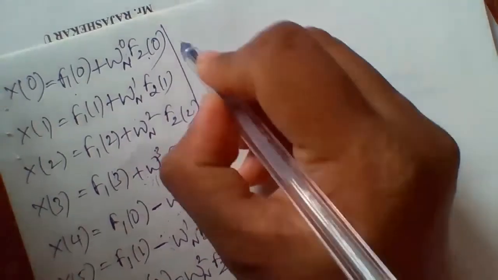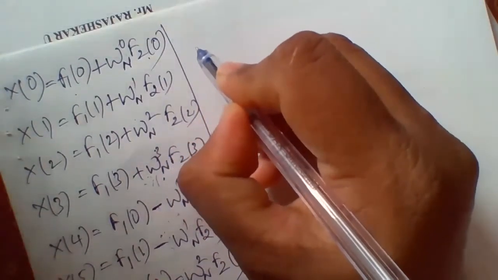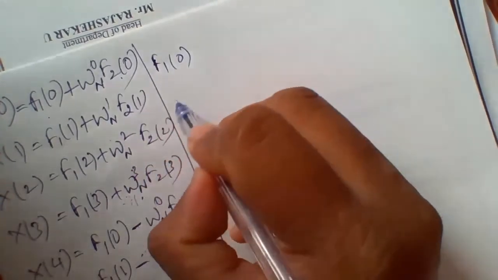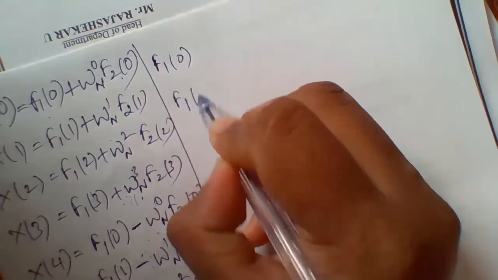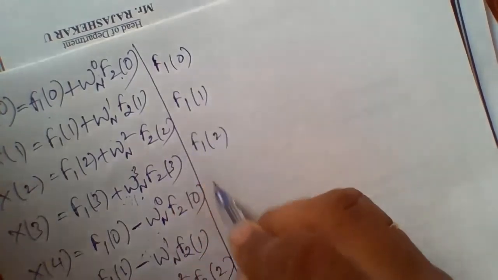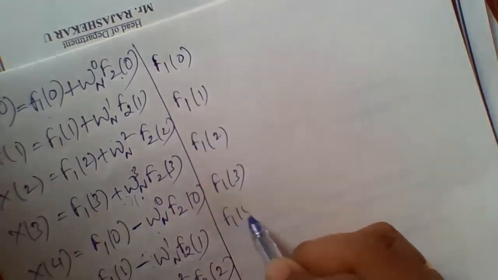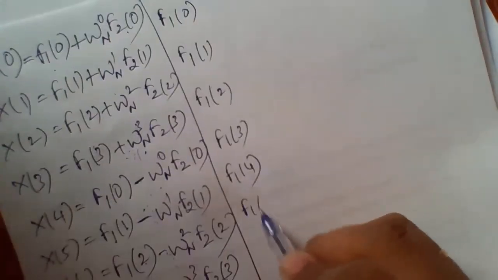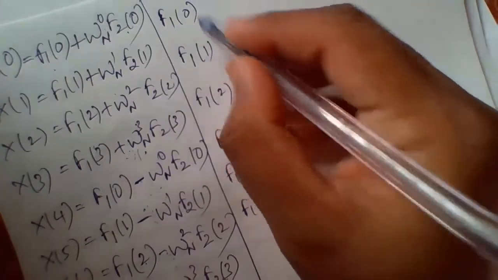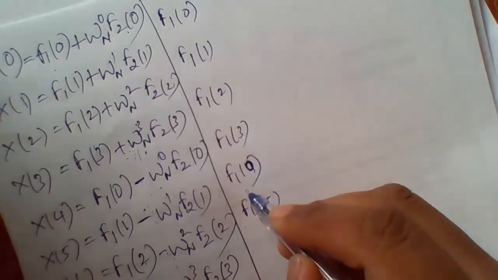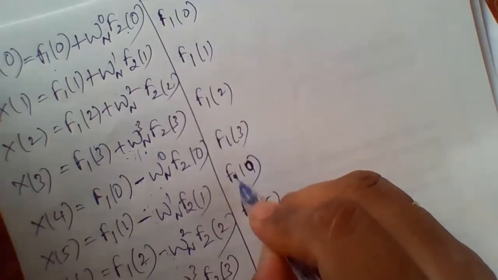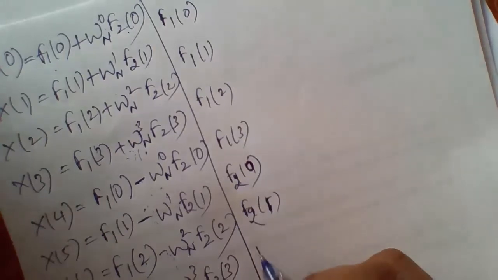Third stage inputs, as I already told you, are our f1 values. So here I am going to list the inputs: f1 of 0, f1 of 1, f1 of 2, f1 of 3, then again f2 of 0, f2 of 1, f2 of 2, f2 of 3.